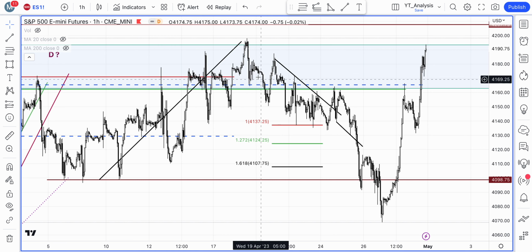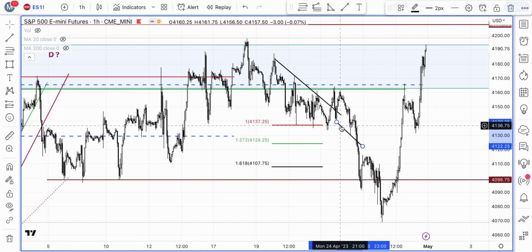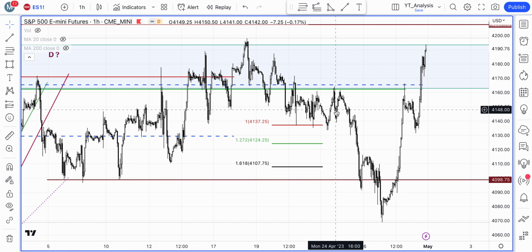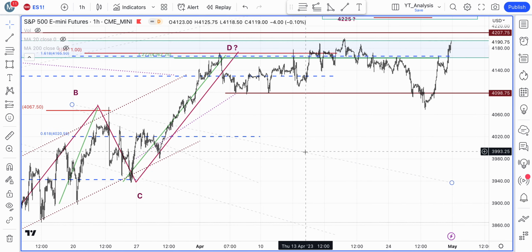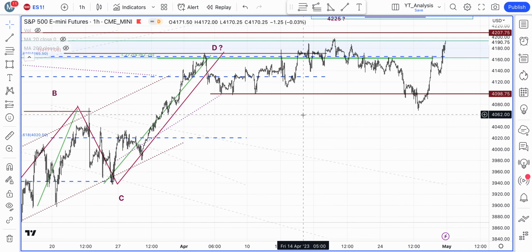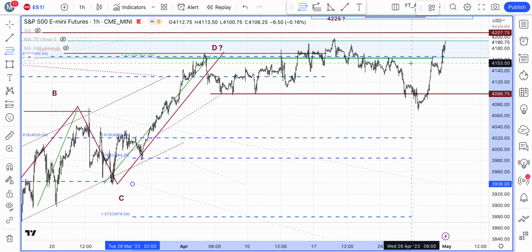I'm just going to remove these lines and clean it up a little bit. In fact, what the price did was go to the 38.2% Fibonacci retracement.